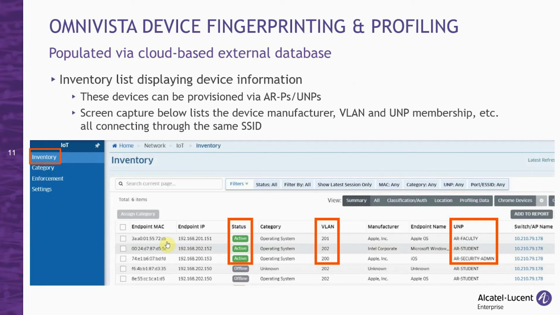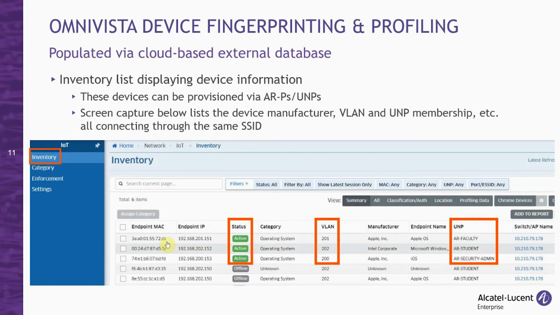The status is reported in real time if the device is active or offline, the VLAN membership, and its final UNP where it was assigned based on the access role profile network security policies. This functionally works with the unified access architecture umbrella to enable access role-based policies.